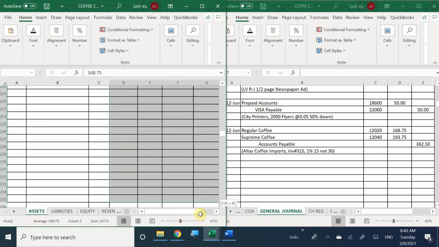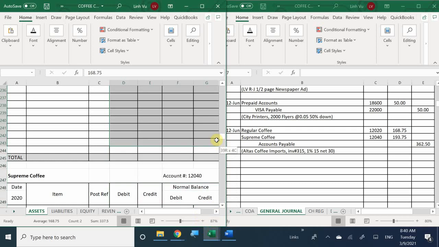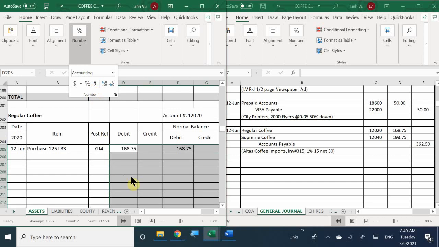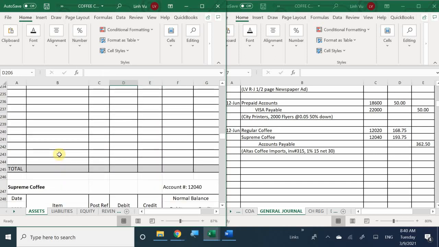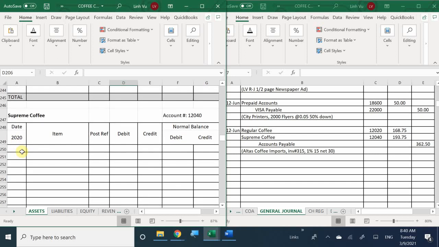So I'm going to highlight and format this real quick. Then right below it, I have my Supreme coffee. Same thing, I'm going to enter the same exact thing that I purchased, 125 pounds. Okay.